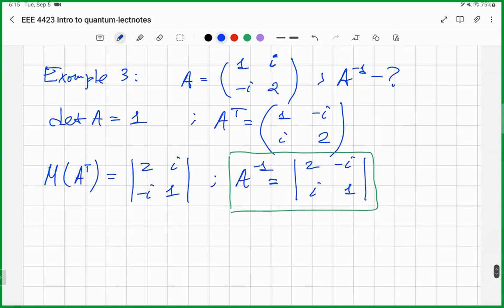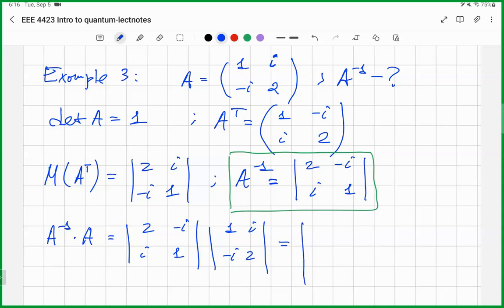Again, let's check that this is really the inverse matrix. We take the product of this one, 2, minus i, i, 1, and the initial one, which was 1, i, minus i, and 2.